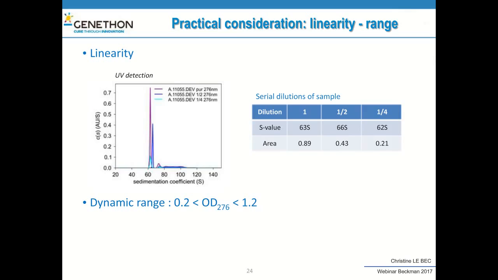You can also see that the area of the peak is proportional to the concentration of your product, meaning that we have a very good linear range, linearity of the signal, between 0.2 and 1.2 OD.